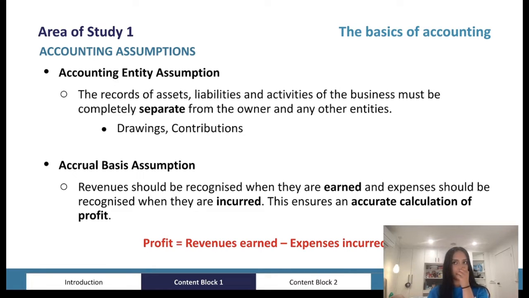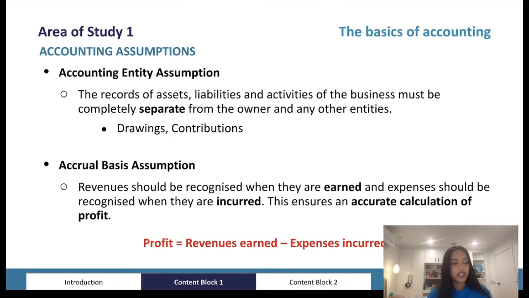Especially small business owners are really involved in their business, so a lot of them think of their business as a part of themselves, which could be true, but financially they need to be treated as separate entities.